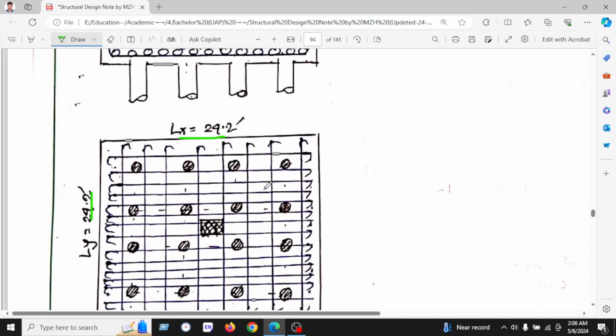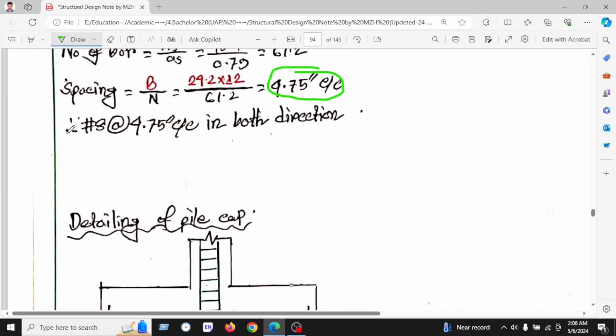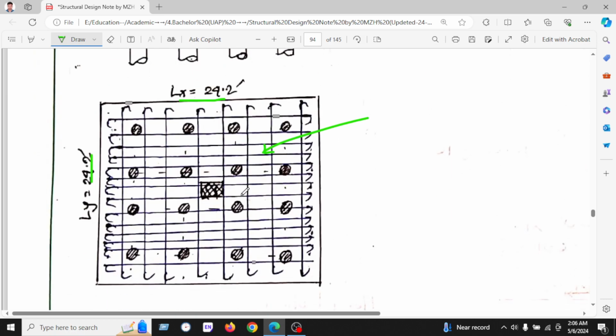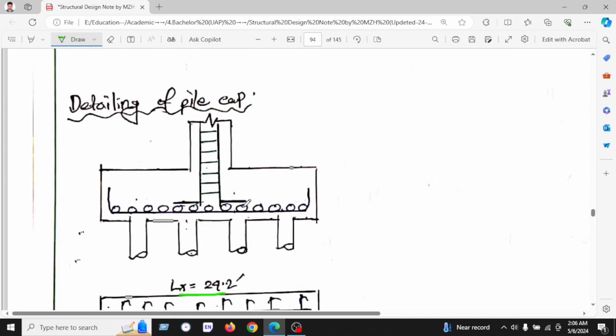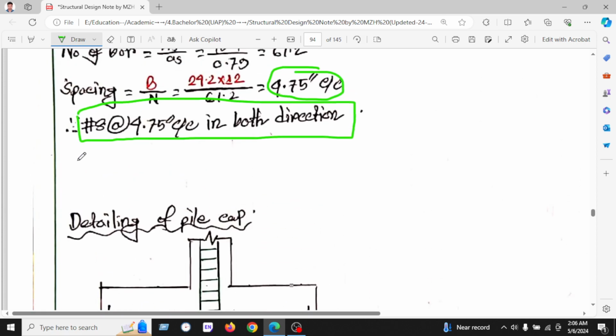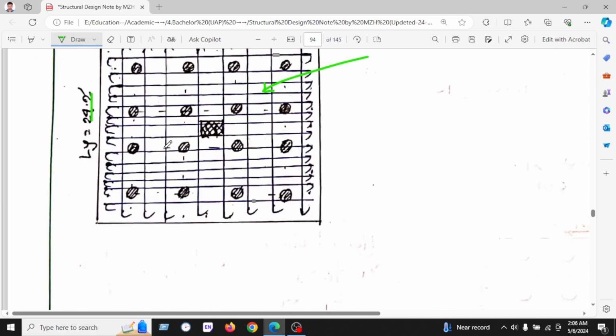So this is the number 8 bar at the rate of 4.75 center to center in both directions. This is the detailing of the pile cap. Here is the extension in the Y direction. Both will use 4.75 inches center to center.